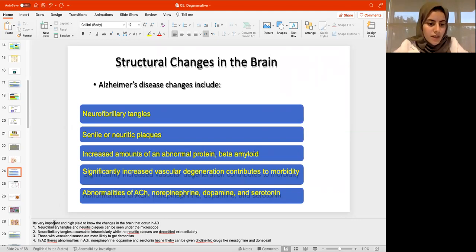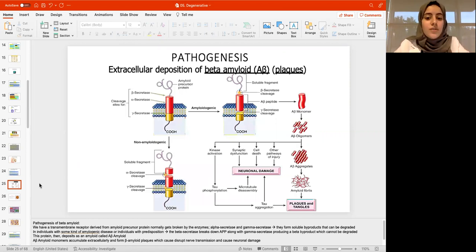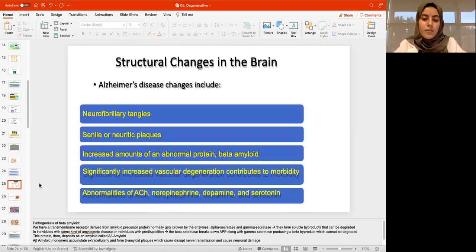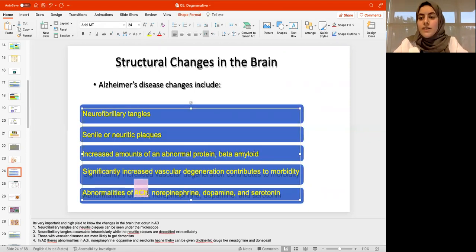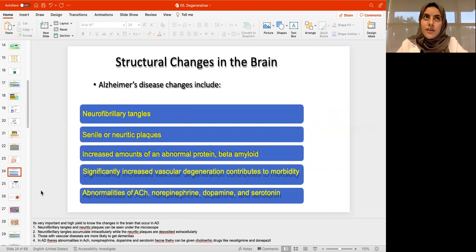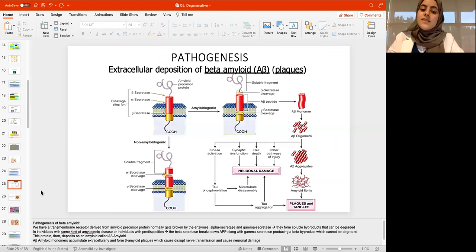You just need to remember in AD, one of the problems they have is that acetylcholine is depleted. That's why they are given cholinergic drugs. This is the pathophysiology.